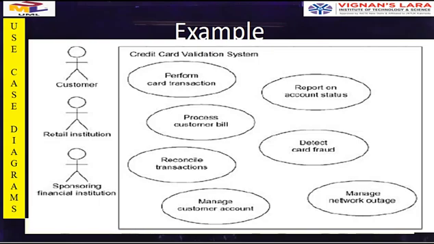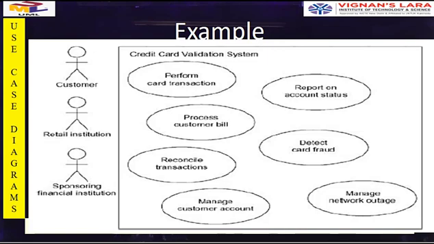All these are the actions performed by the actors who are on the outside of the boundary. You may also find that a retail institution can have more use cases.